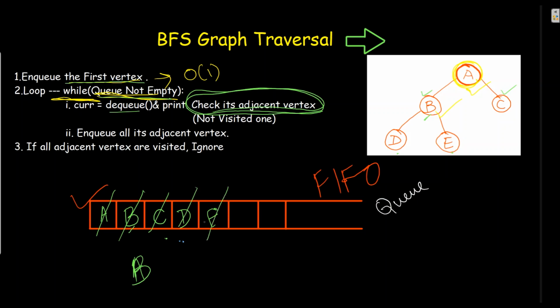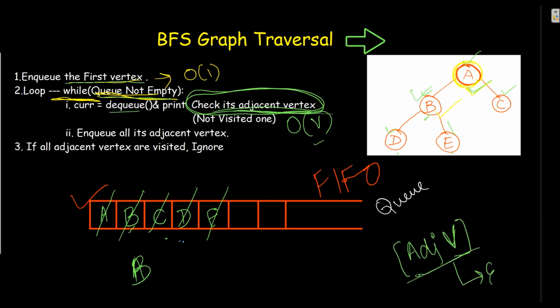Then D, then E. Therefore we are working on each vertex, and also checking its adjacent neighbors, and the adjacent vertices depend on its edges, because we can find the neighbors depending on the edges, as A has 2 edges, B has 3 edges, C has only 1 edge.